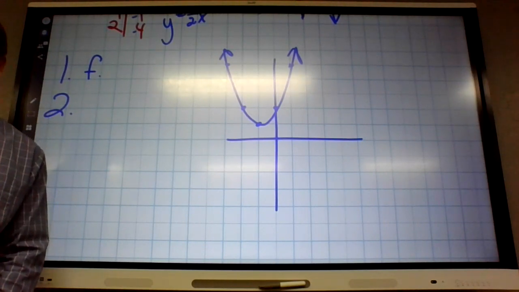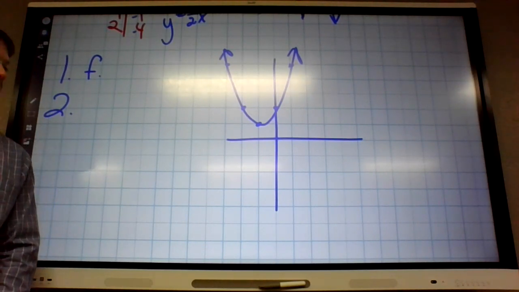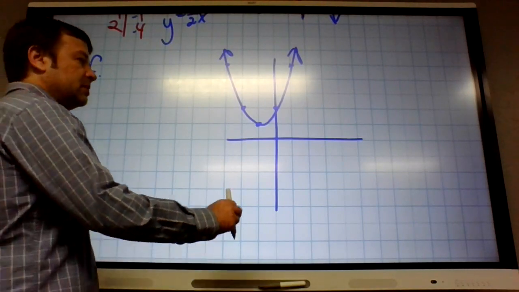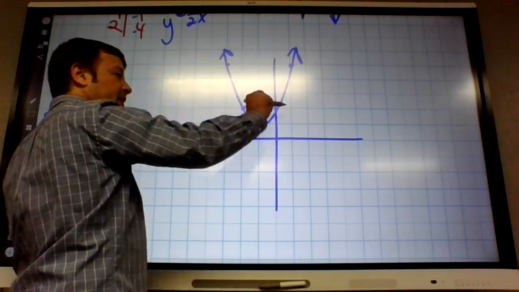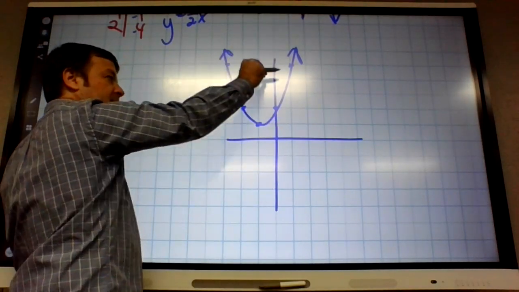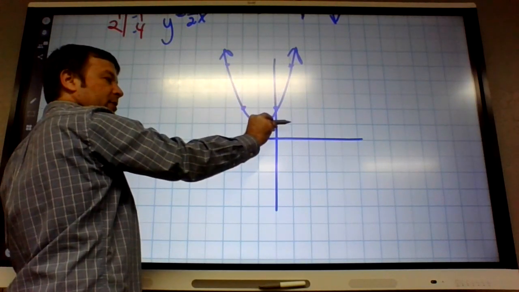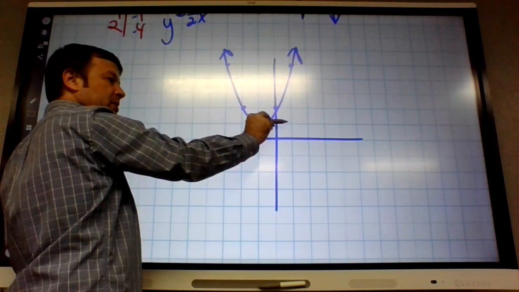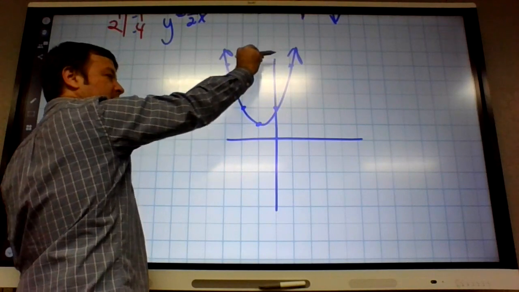Okay. Number 2, range. What's the range on this graph? Range is y values. What y values are being covered by this graph? The lowest y value is 1, so it's all the y values that are 1 or greater.